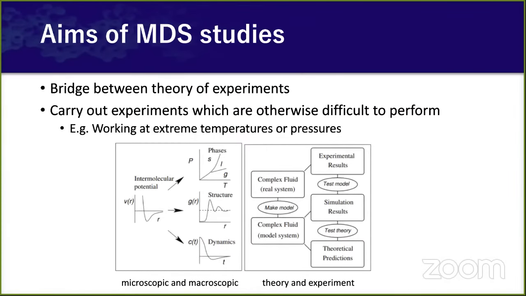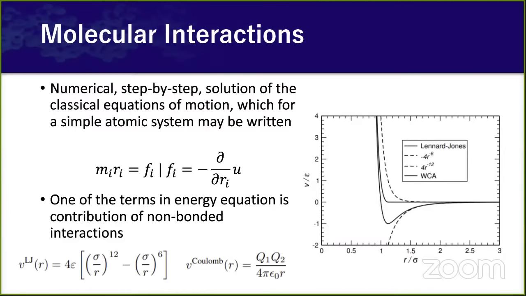Now, when it comes to actually solving these equations and what kind of interactions are taken into consideration, essentially it's a step-by-step solution to the classical equation. Now, the normal simulations that we'll be learning about are called classical simulations because we use the molecular mechanics principles which are derived from the classical mechanics.